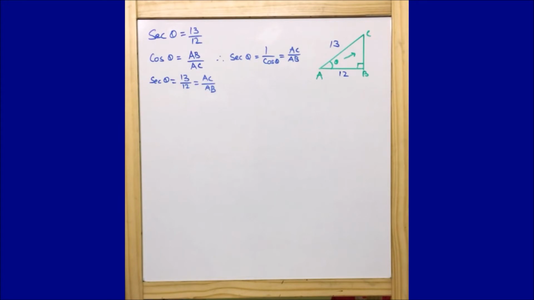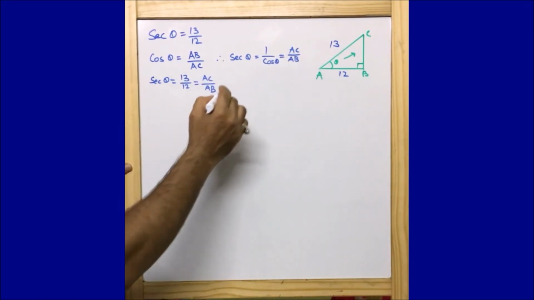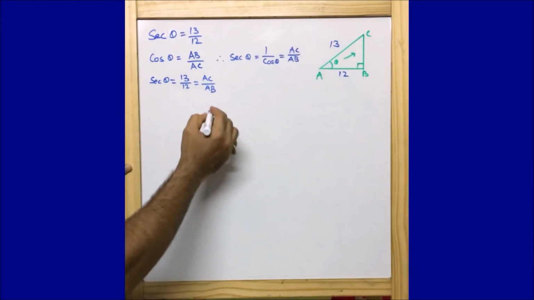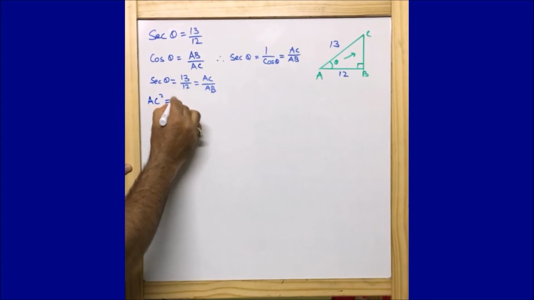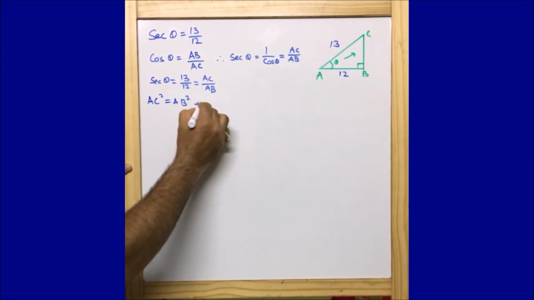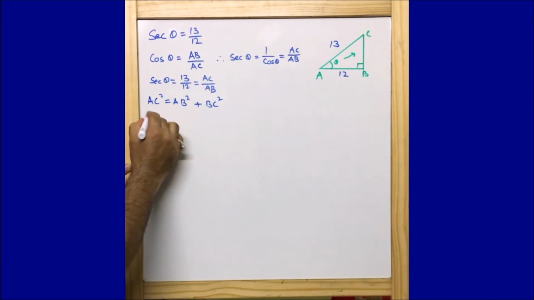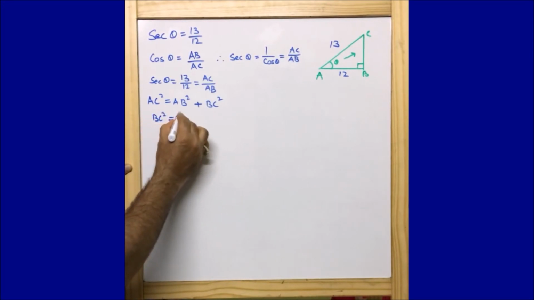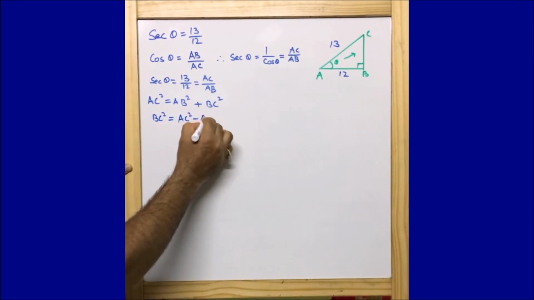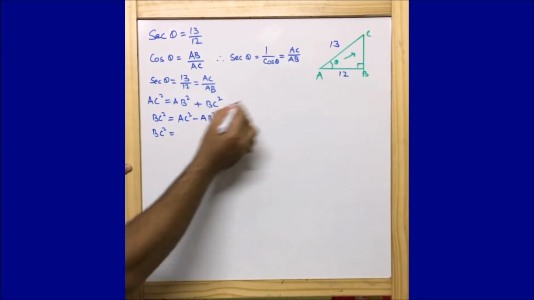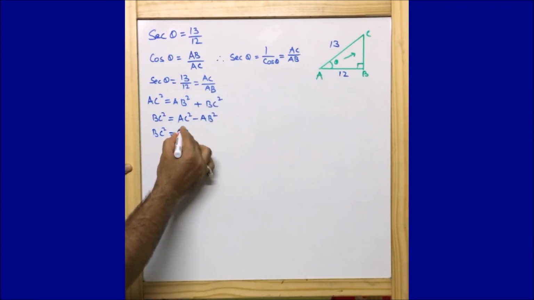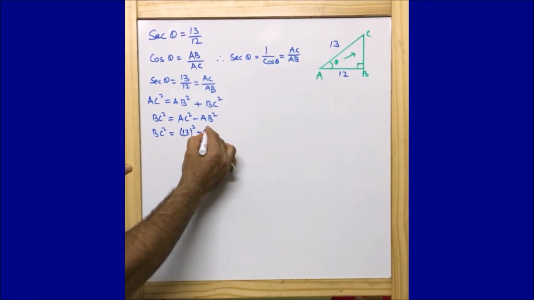Now applying the Pythagoras theorem, let us find out the value of BC. As per the Pythagoras theorem, AC square is equal to AB square plus BC square. Since BC is missing, I can write BC square is equal to AC square minus AB square. Putting the values, AC square is 13 square and AB square is 12 square.